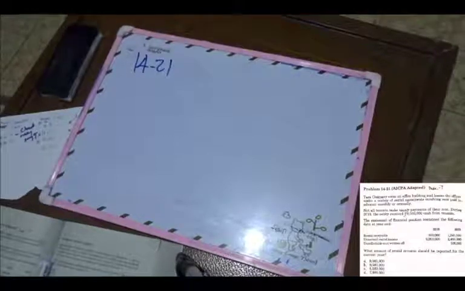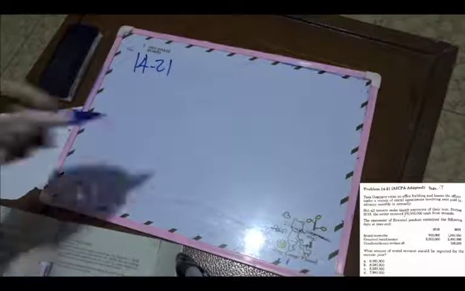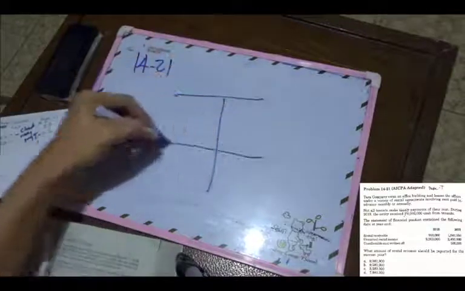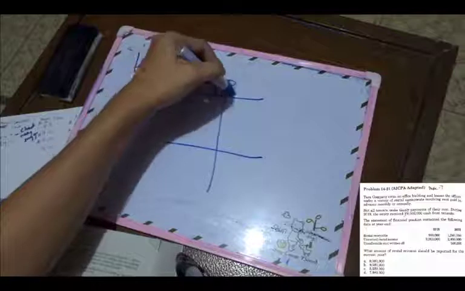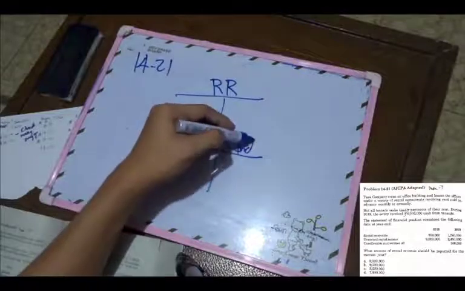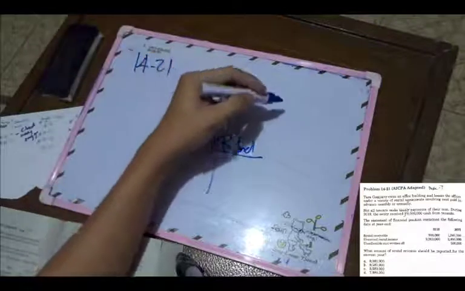So you have two accounts, rent receivable and unearned rent income. So one is an accrual, accrued income, the other one is a deferral. So beginning balance for rent receivable is 960,000.